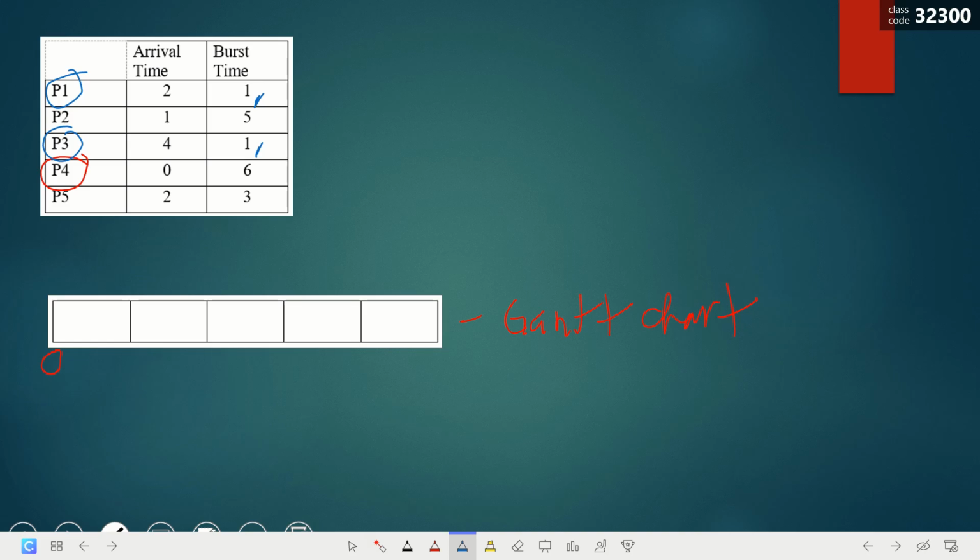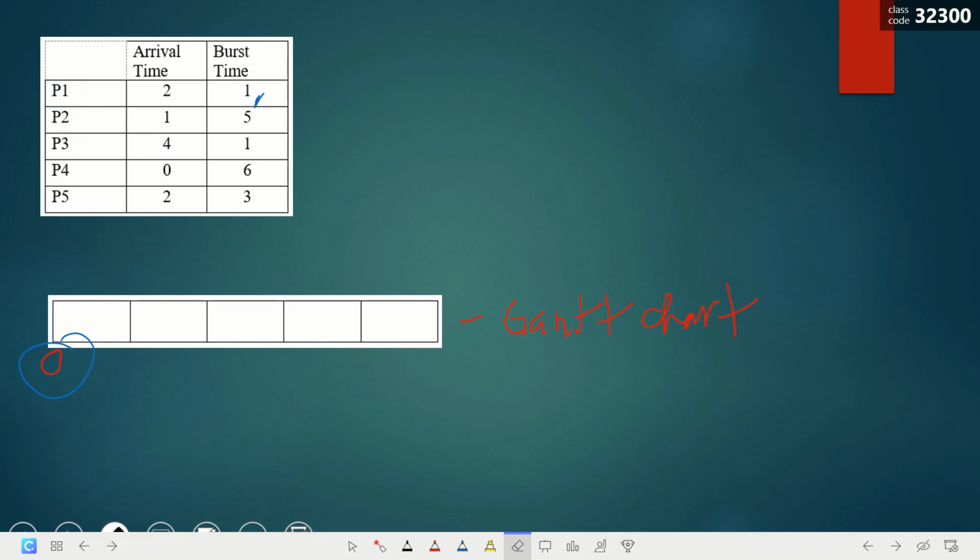But we cannot allocate the CPU to either P1 or P3, because the arrival of P1 is 2 and the arrival of P3 is 4. These two processes have not come yet at time 0. Out of all available processes at time 0, we check the arrival time, and only one process has arrived, that is P4.